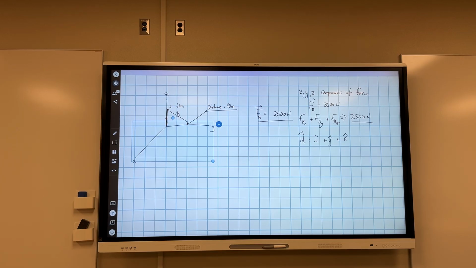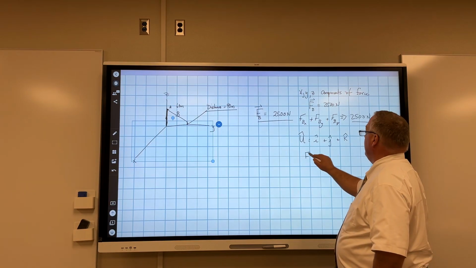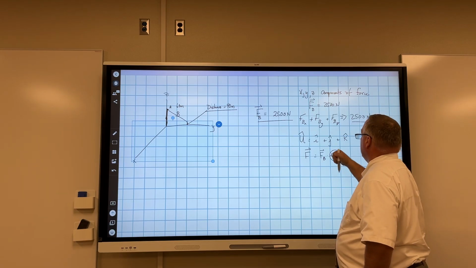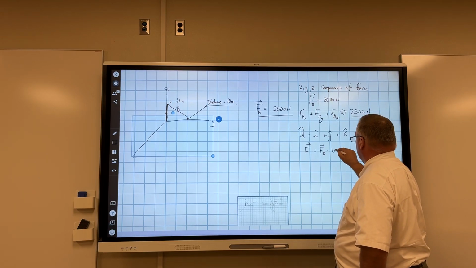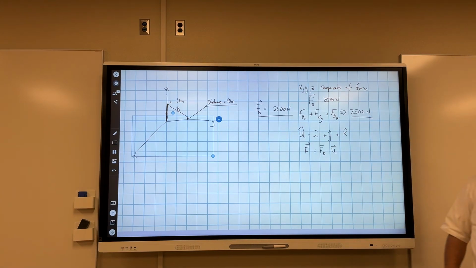So now, F is equal to our force times our unit vector.